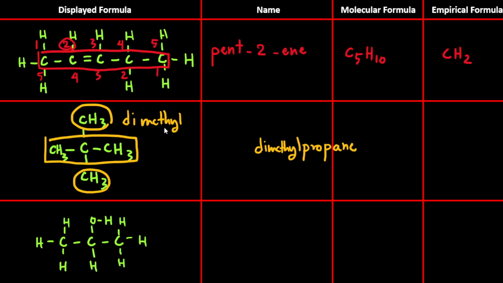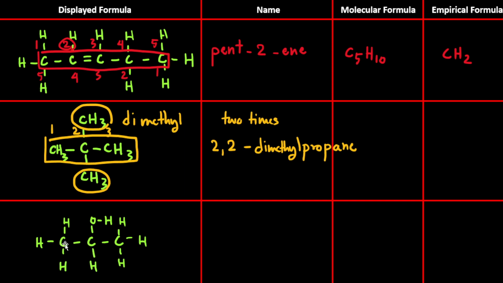So one methyl is located at 2, and another one is also located at 2, okay? Because it's 1, 2, 3, right? So it will be 2,2-dimethylpropane. So notice that you have to write the location 2 times, okay? Because each number only represents each group, that's why you need to write 2,2-dimethylpropane. I'm sure you'll be able to do molecular formula and empirical formula.